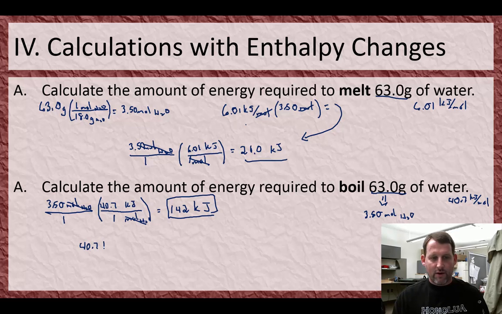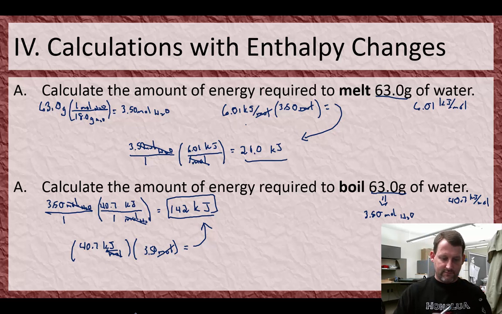I know I need 40.7 kilojoules for every mole. And I'd say, okay, so if that's for 1 mole, then I just multiply by 3.5 moles to get the answer. And that gives me that same 142 kilojoules, and the moles cancel. So two equivalent methods. Awesome.